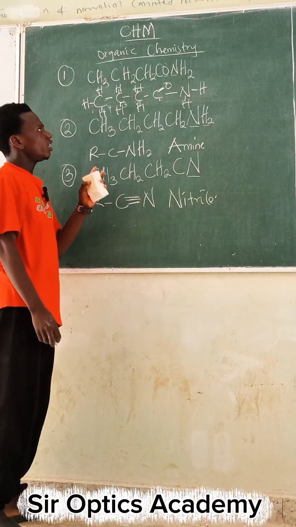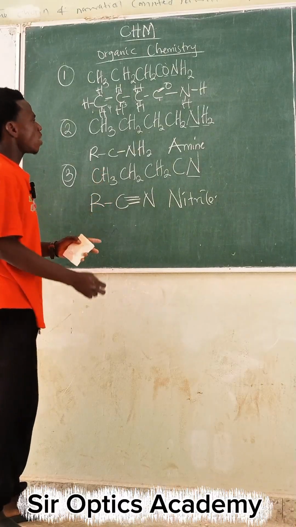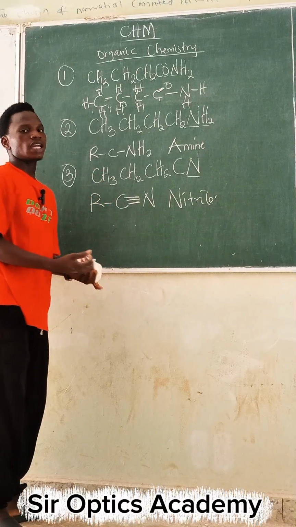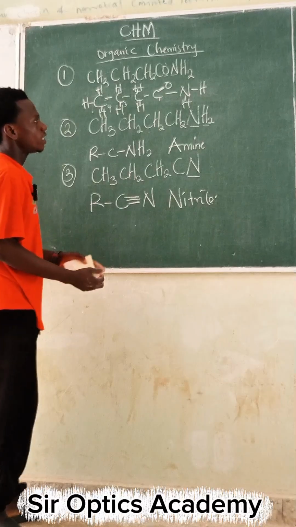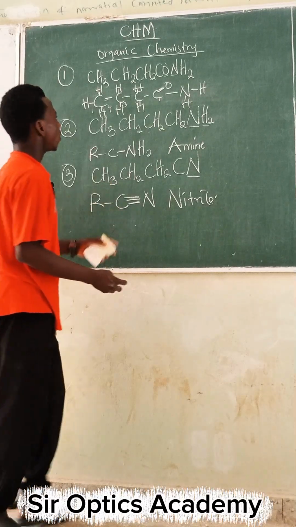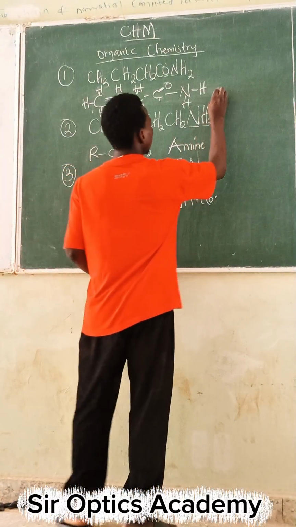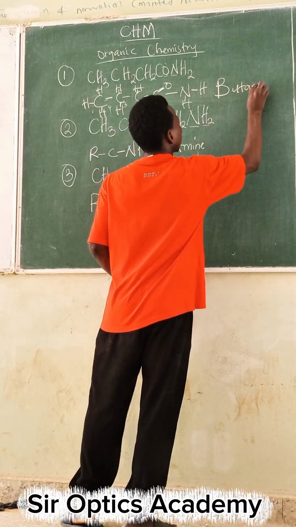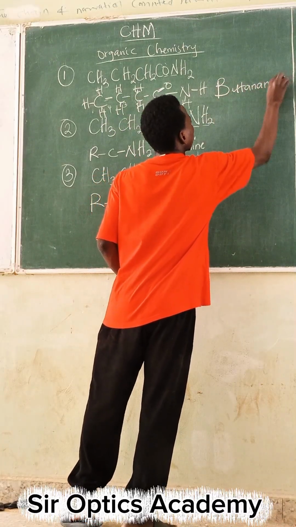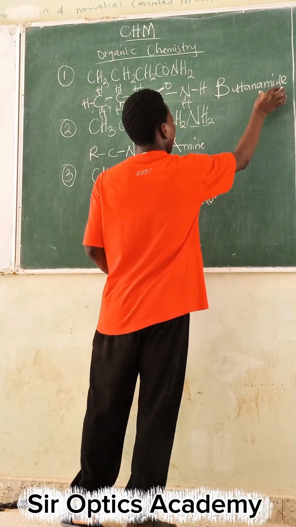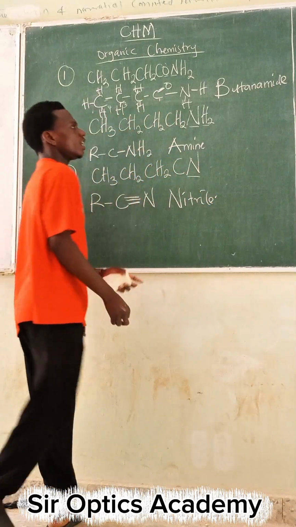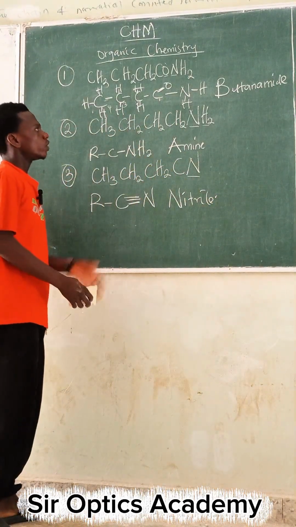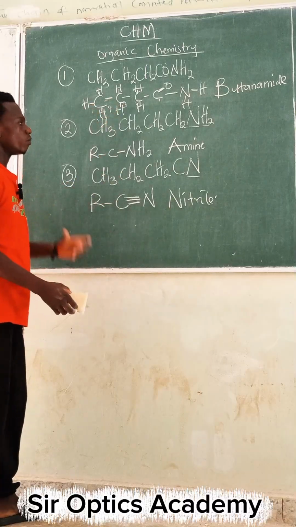Now, in naming amide, you only strike out the E in the corresponding alkane and add amide. So the name of this particular compound becomes butanamide. The E in alkane is struck out and the amide added. So the name of this first structure becomes butanamide.